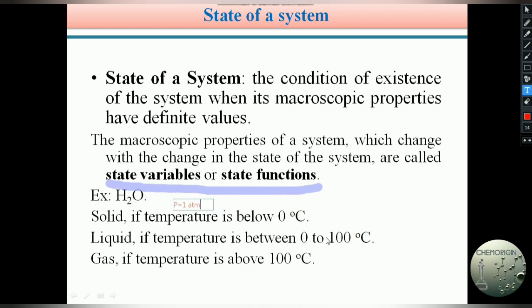When temperature is varied, the state of the system, here water, is changed. As state variables, we are unable to calculate the exact value; in that case we calculate the change in values. The variables used are temperature, pressure, volume, and chemical composition, denoted with small n.